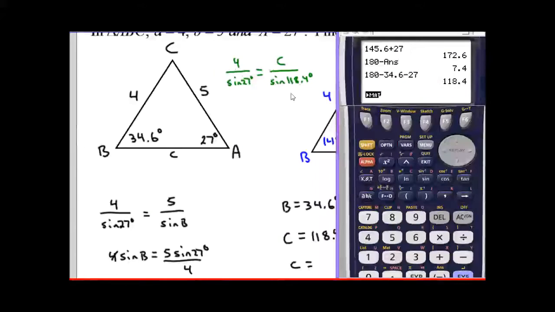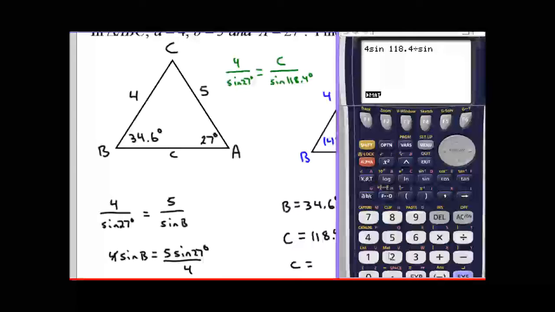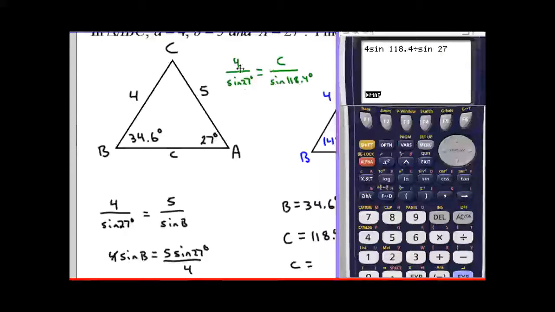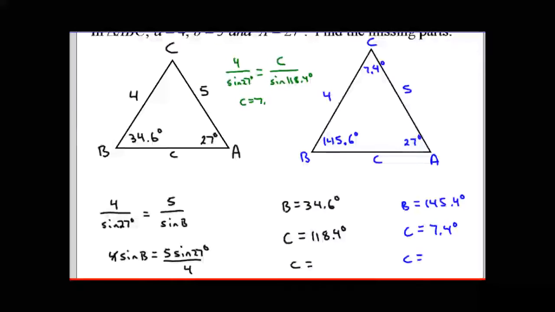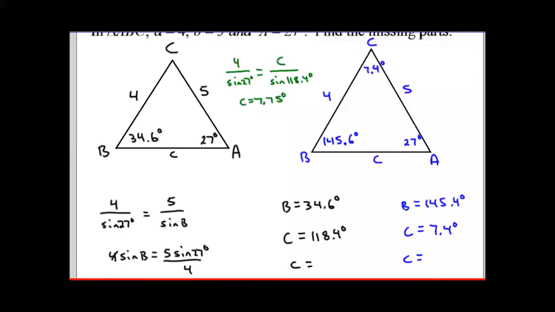On my calculator, I'd cross multiply and divide: 4 times the sine of 118.4, divided by the sine of 27. And side C would be 7.75.